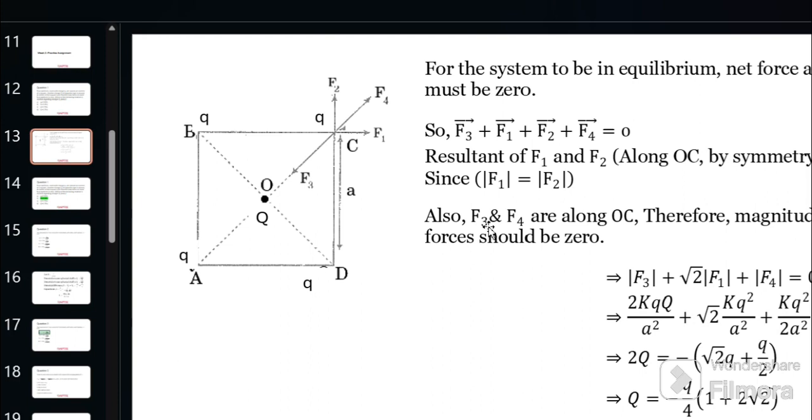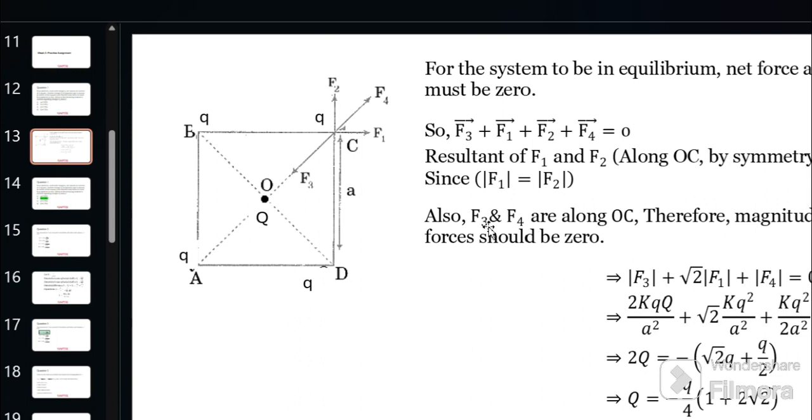So here we already have F3 and F4. F1 we can find using basic trigonometry. We know that it is symmetric, so we just have to find out the resultant.